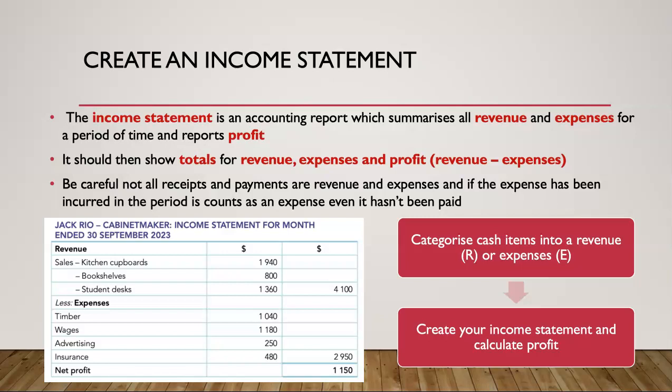So our cash payment for telephones is $120 minus $50, because we haven't paid the $50 yet. So our cash payment for our telephone is $70, but our expenses that have been incurred in the period are the full $120.